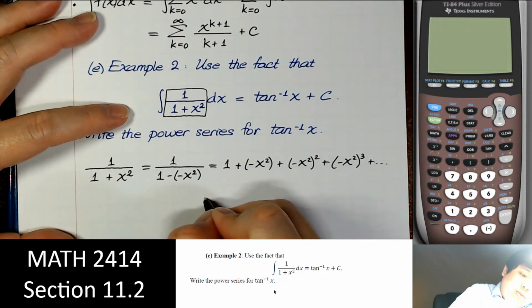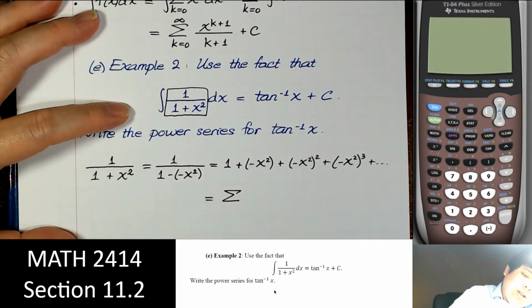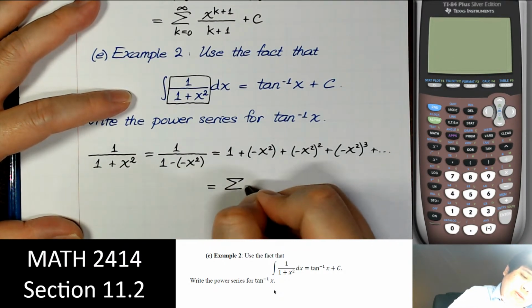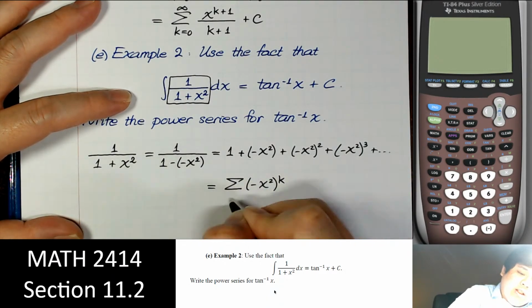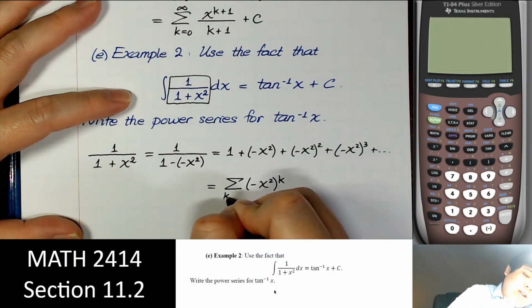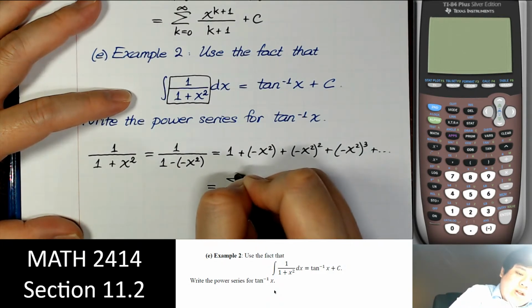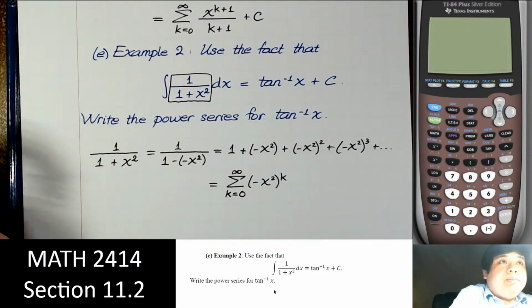If we write that as a power series, it will be the sum of negative x squared to the k power, k going from 0 to infinity.